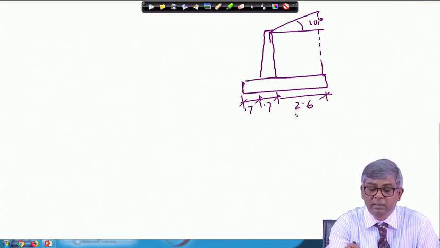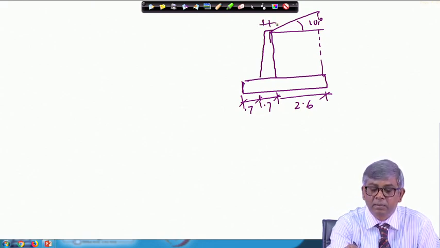And you can see that this is actually 0.5, this is 0.5. That means, if I draw a vertical line, this small portion will be 0.2.